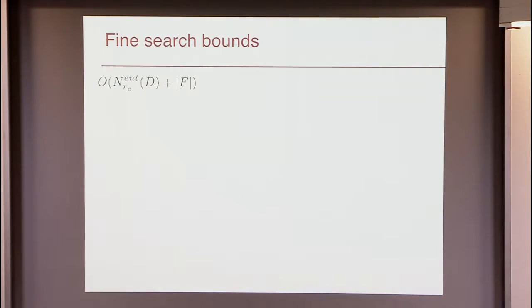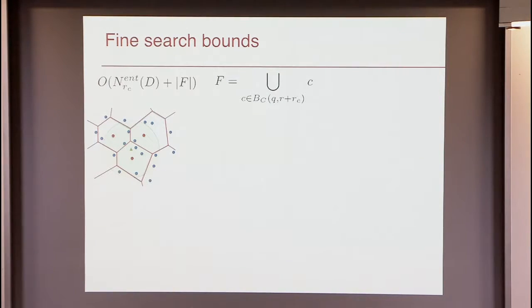Now, what about the fine search? Well, fine search is a search over a set F, but F is the union over a set of spheres or balls or hyperspheres around our query at the coarse search radius, r plus r sub c. They're the sets we have to consider in our fine search.